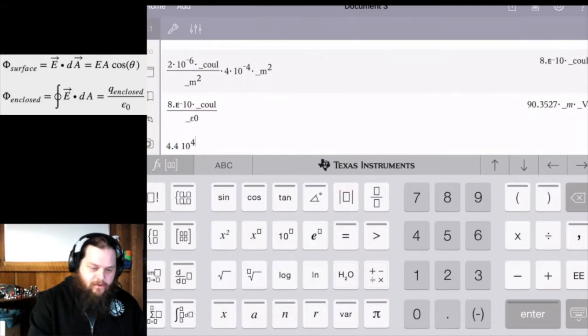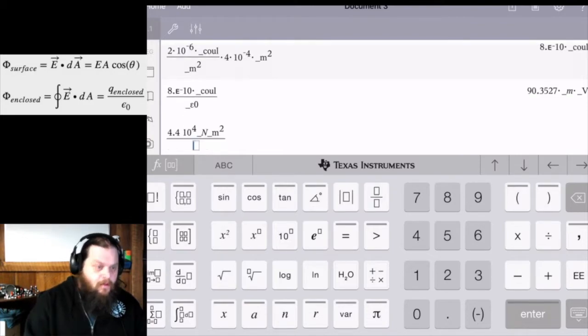I said that was newton meters squared over coulomb.